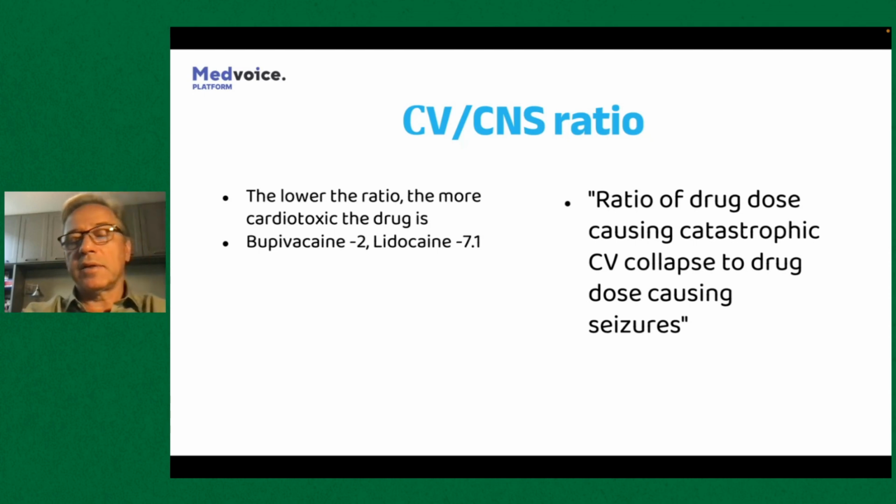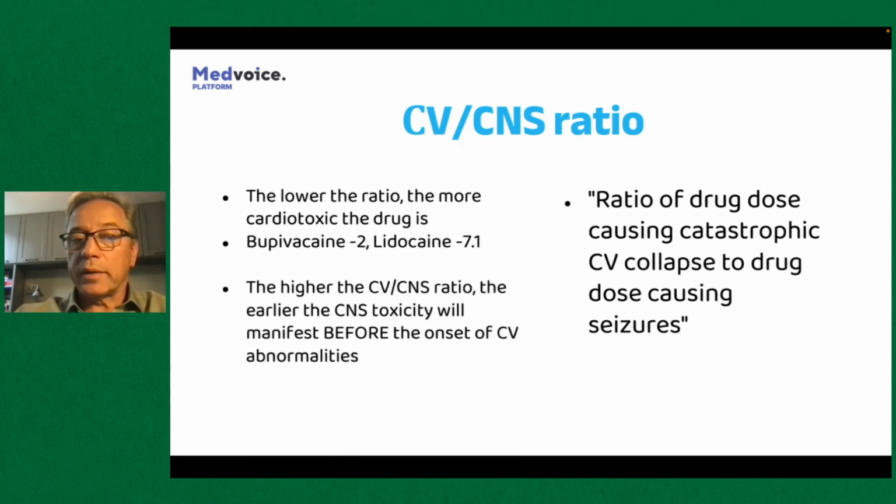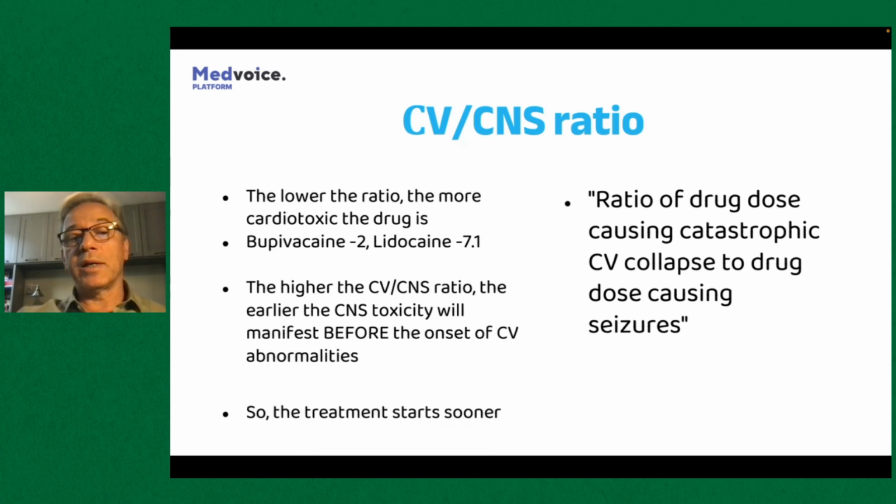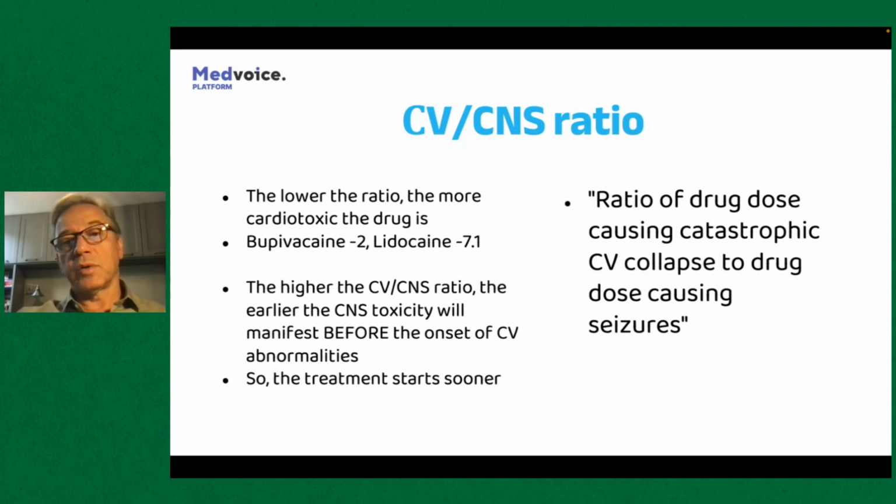causing catastrophic cardiovascular collapse to drug dose causing seizures. So the lower the ratio, the more cardiotoxic the drug is. So bupivacaine, for example, is 2, which is very low, and lidocaine is 7.1. So the higher this ratio is, the earlier the CNS toxicity will manifest before the cardiovascular abnormalities, which means that if we can see the earlier signs, the CNS signs, then we can act quicker and we can start the treatment quicker.